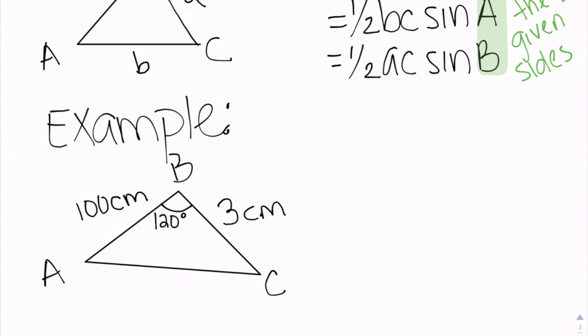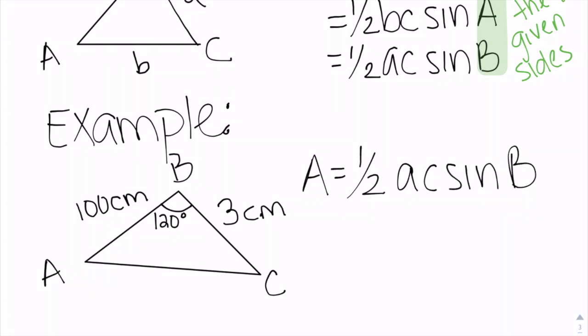Here we have angle B, and we're given side A and side C, so our area is going to equal 1/2 A times C times the sine of angle B.